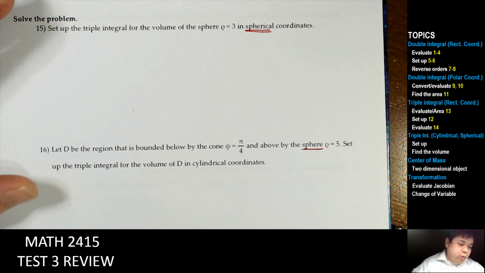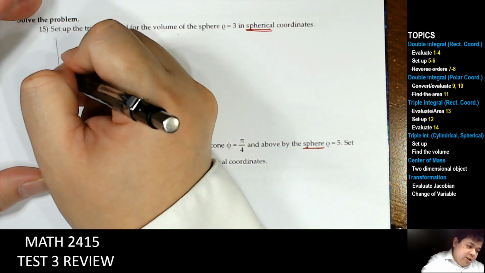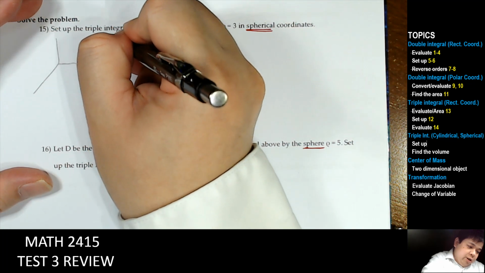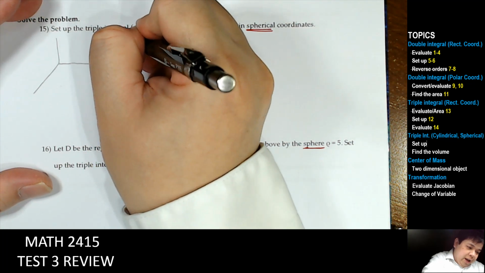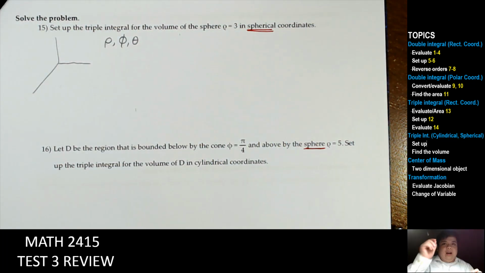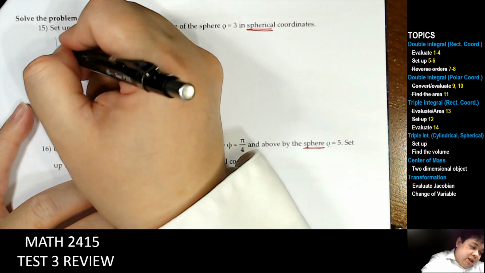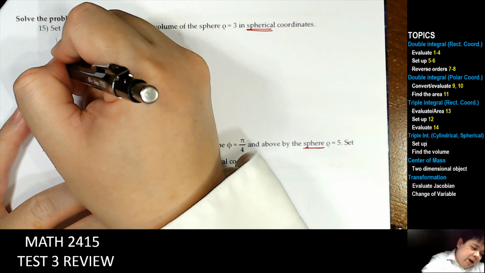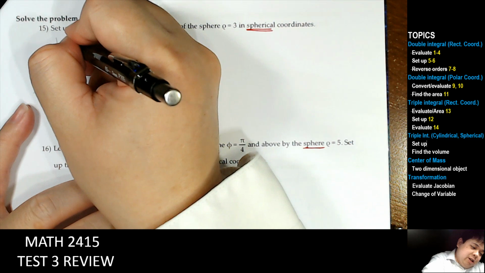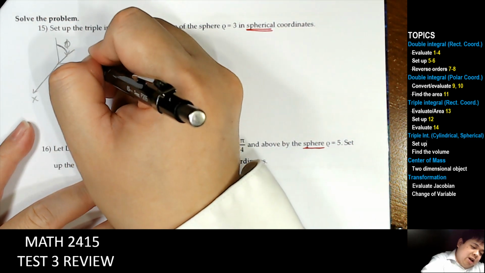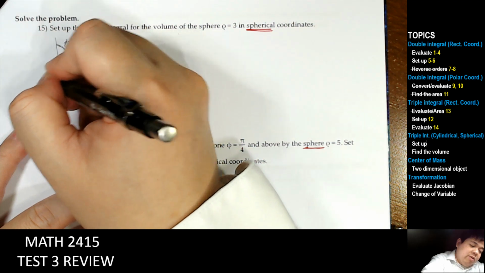In spherical coordinates, we will have three things: rho, phi, and theta. Rho is the radius from the center out. That part's easy. The phi is the angle from the top, from the north, on out. And then the theta is the standard angle from the positive x-axis.